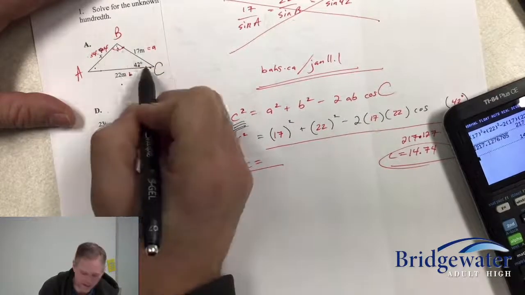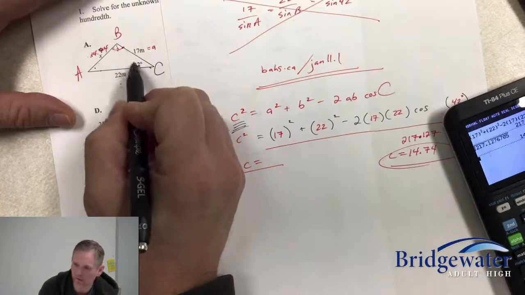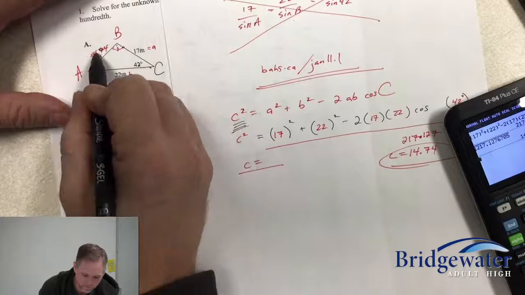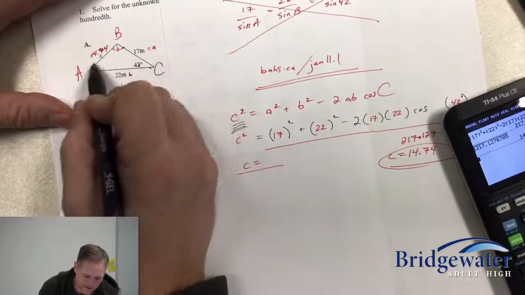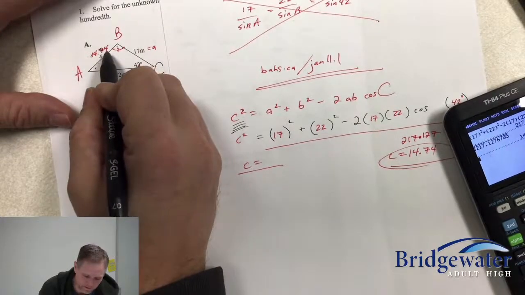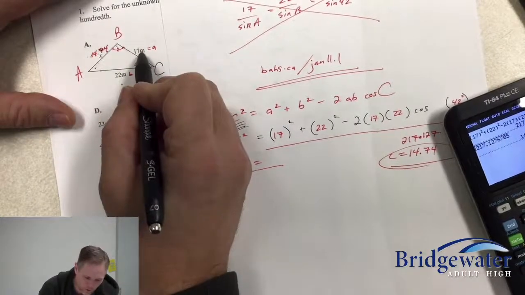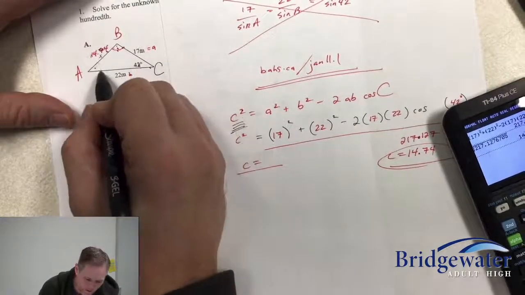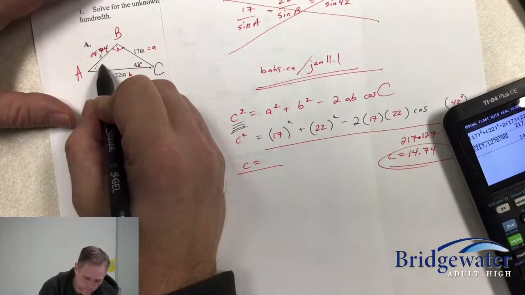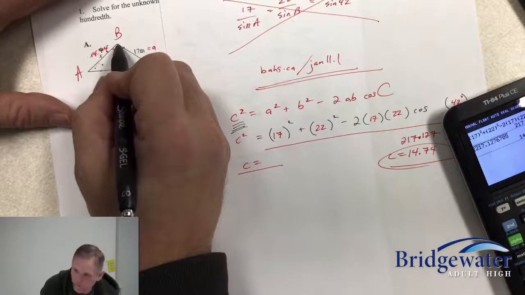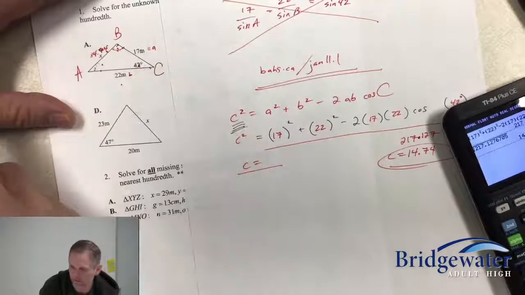So whatever that angle is, it's bigger than 42. So if you end up with an answer of 32, you did it wrong. 17 is bigger than 14, so the angle here is going to be bigger than 42. It'd be like 48 or 50 or something like that. And then this one here will be bigger than that one and that one.